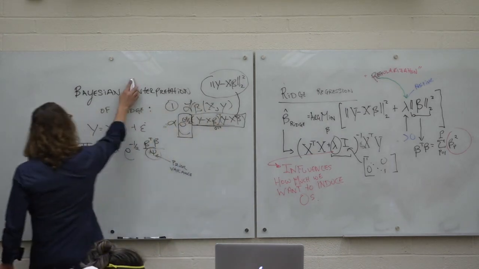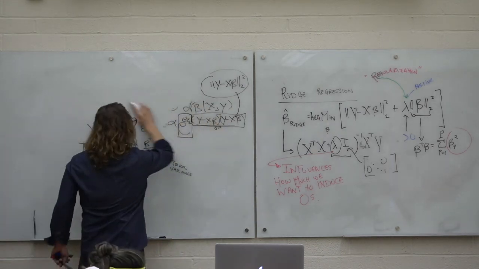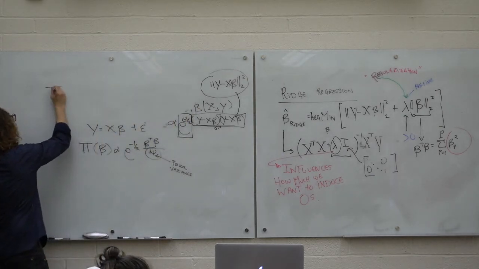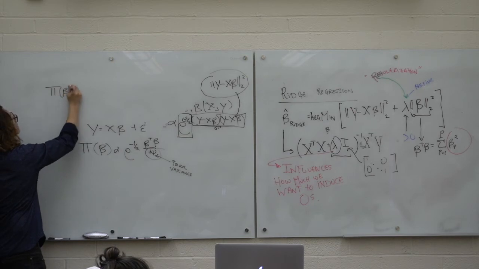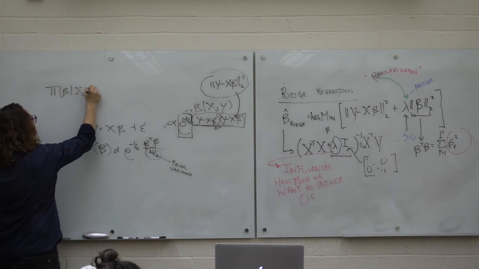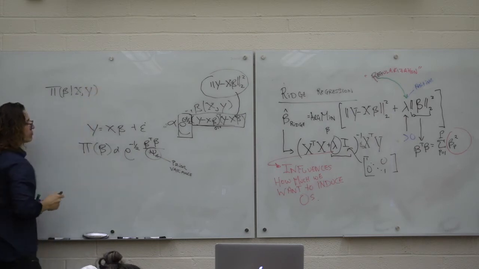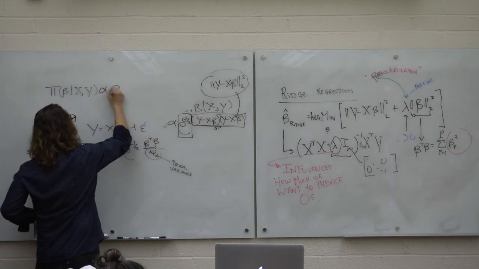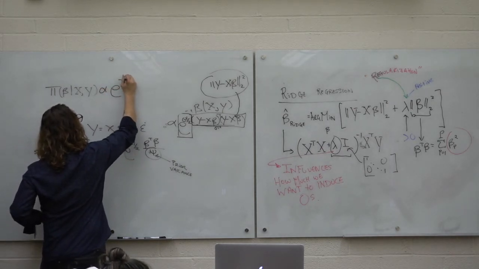So work this thing out real quick. Pi of beta given x and y is going to be proportional to e to the minus 1/2.